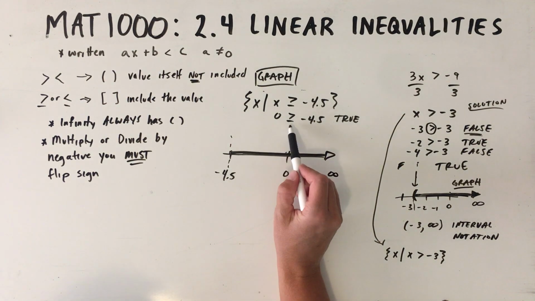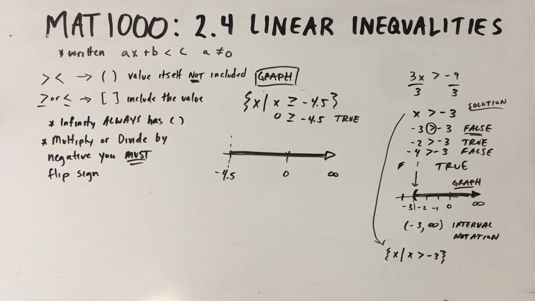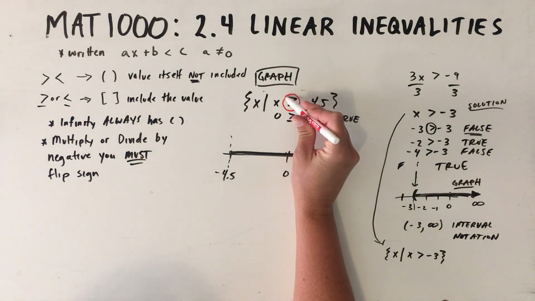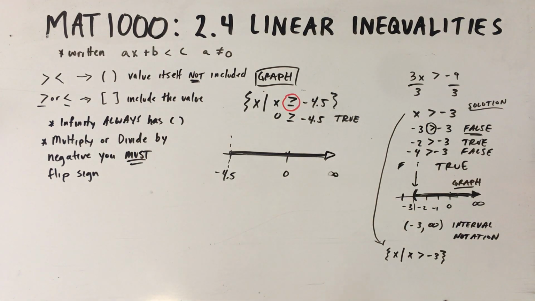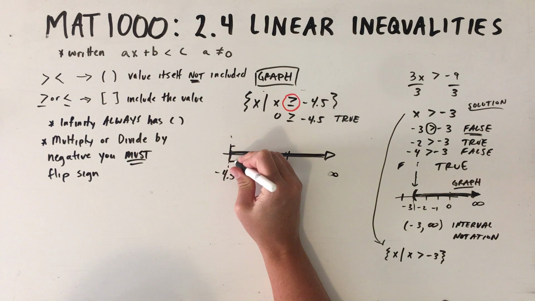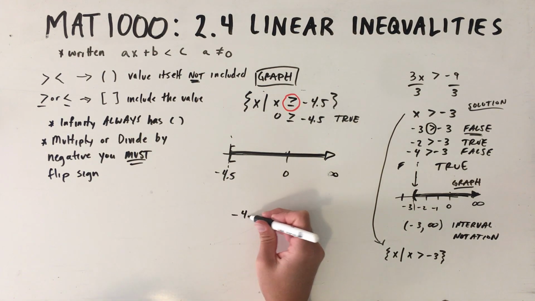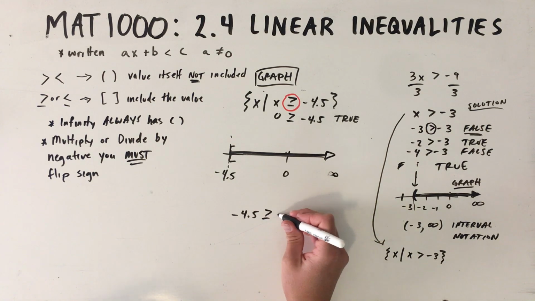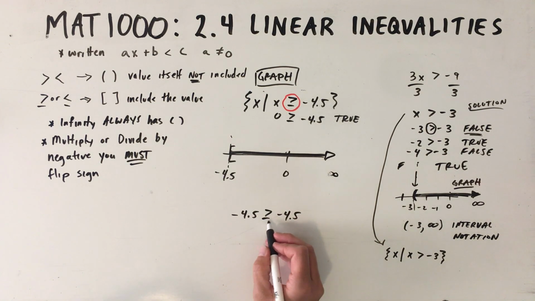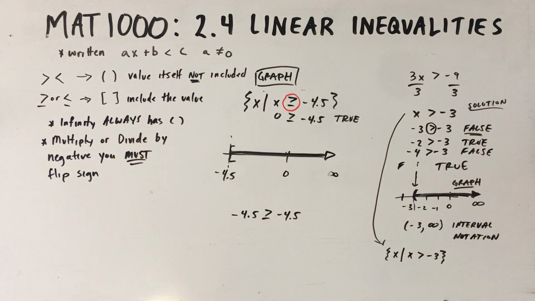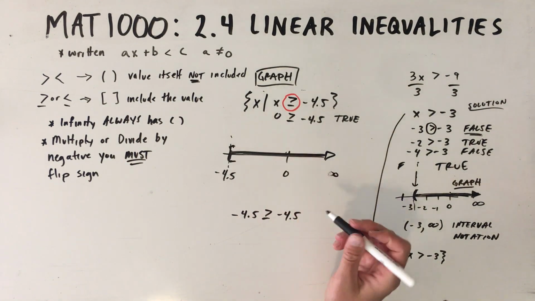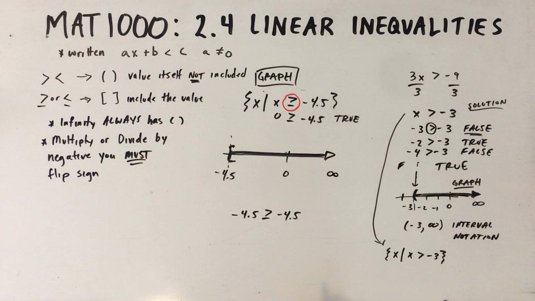But because I have this equal to part of the statement, because this is greater than or equal to, then the value of negative 4.5 itself is included. So if I said, is negative 4.5 greater than or equal to negative 4.5? Why, yes it is. It's the equal to part of the statement that makes that true. So this value is included, and again, we're approaching positive infinity.